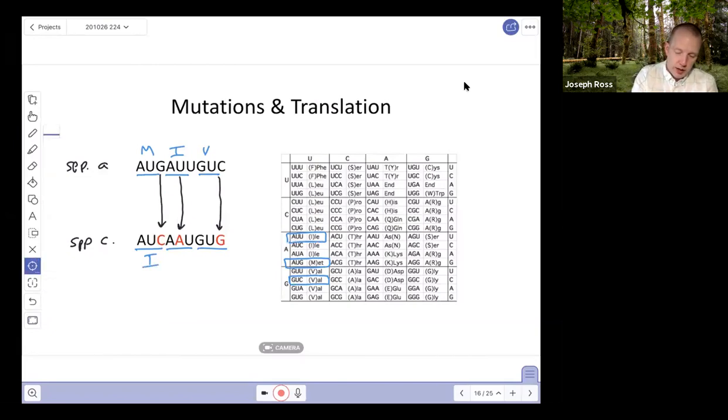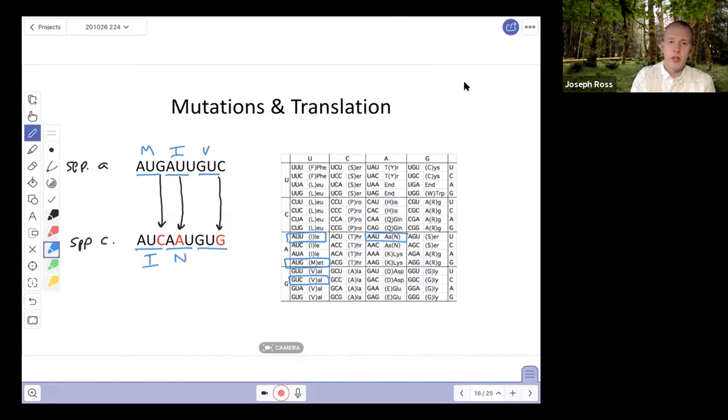In the second position, we had isoleucine AUU, and now we have a mutation in the second position of the codon, the second nucleotide rather, to change to AAU. So where's AAU? It's here, so that encodes asparagine.